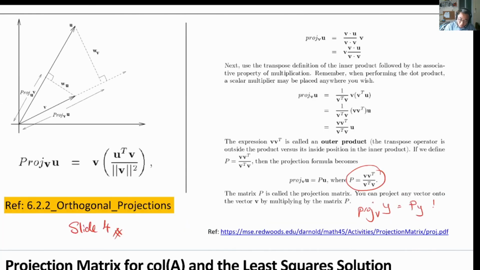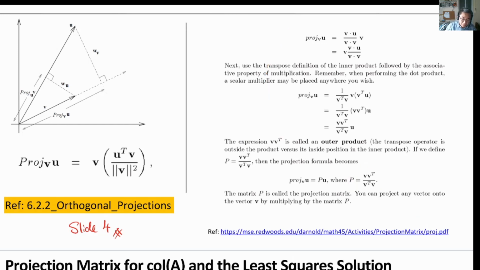So by going through this process, we have now learned a new type of special matrix called the projection matrix. The projection matrix projects our target vector onto the space of our input. In this example, it is the input space of V.